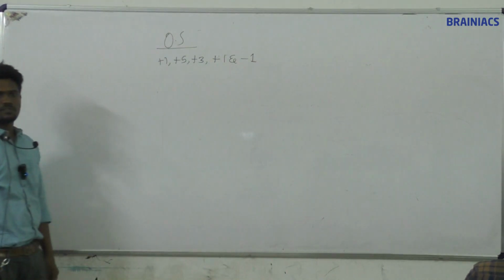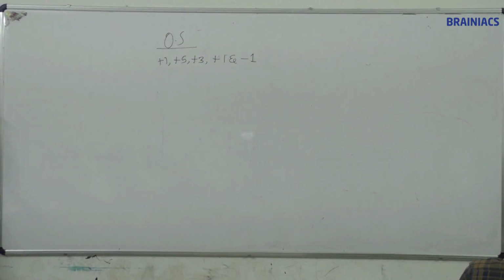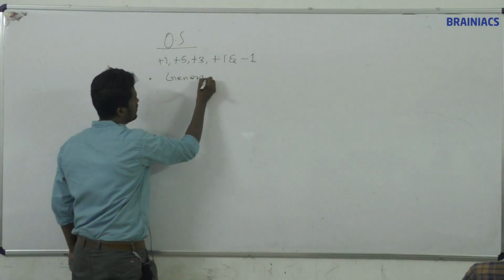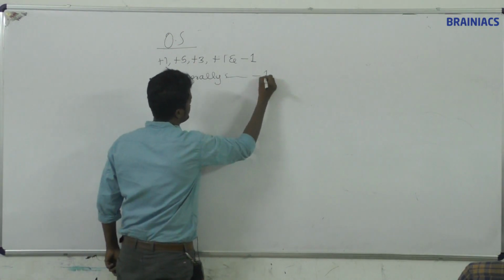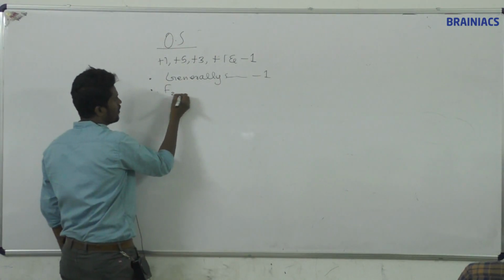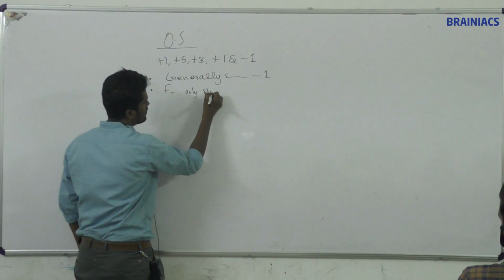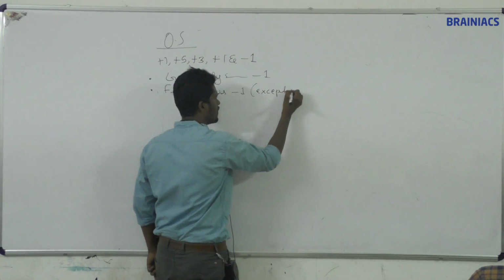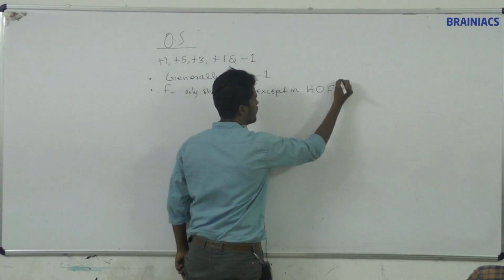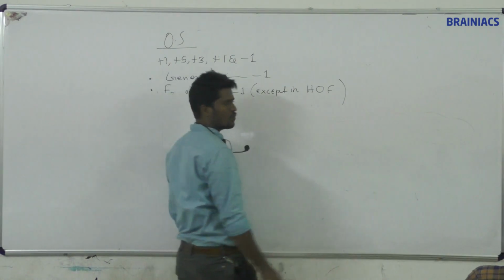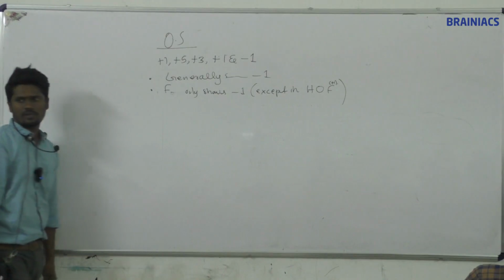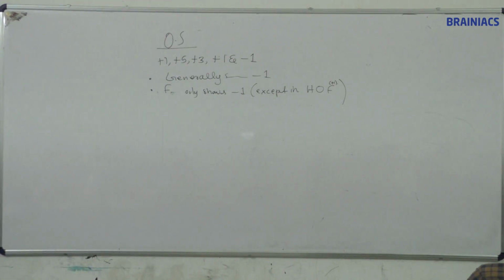Plus 7, plus 5, plus 3, plus 1 and minus 1. Generally they show minus 1.